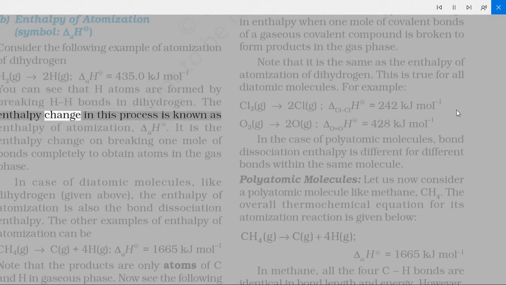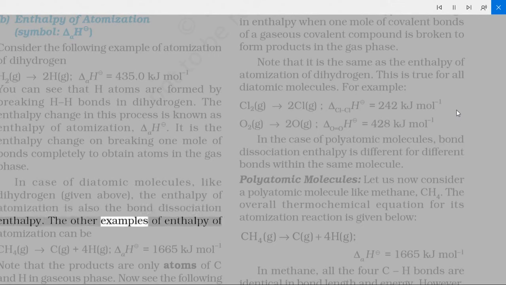The enthalpy change in this process is known as enthalpy of atomization. It is the enthalpy change on breaking 1 mole of bonds completely to obtain atoms in the gas phase. In case of diatomic molecules, like hydrogen, the enthalpy of atomization is also the bond dissociation enthalpy.